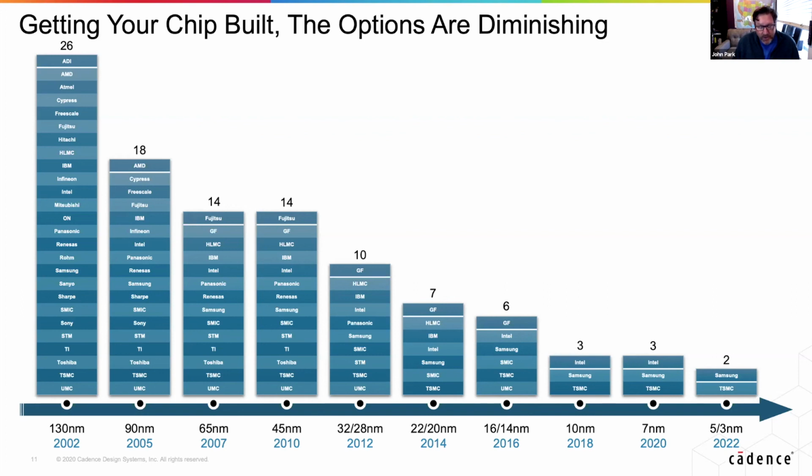The trend we see happening right now is that fewer and fewer fabs can afford or want to invest in the latest design nodes. So we're down to 2, maybe 3. We'll see how things go as we get down to 3 nanometers, 5 nanometers. That just means the price will go up, because there are fewer people that can build your device for you.